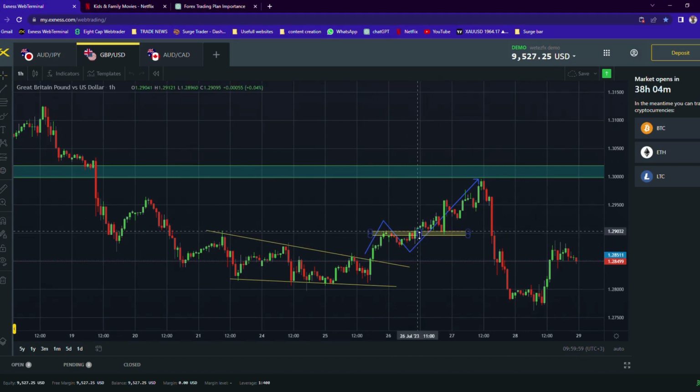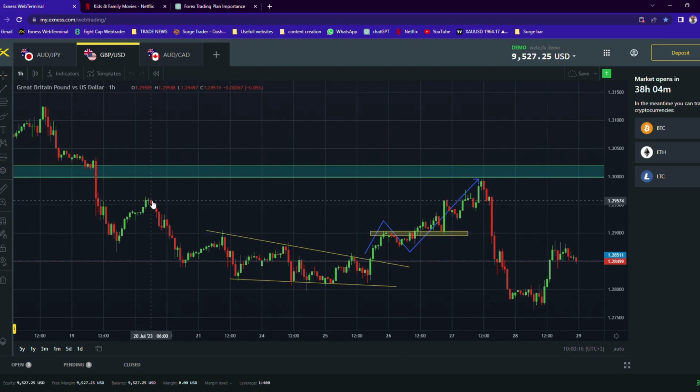So this was a very clear indicator that you can enter your position right here and keep your stop loss very simple. It could have been something like 30 pips in your stop loss, and you could have targeted 50 to 70 pips in your take profits.